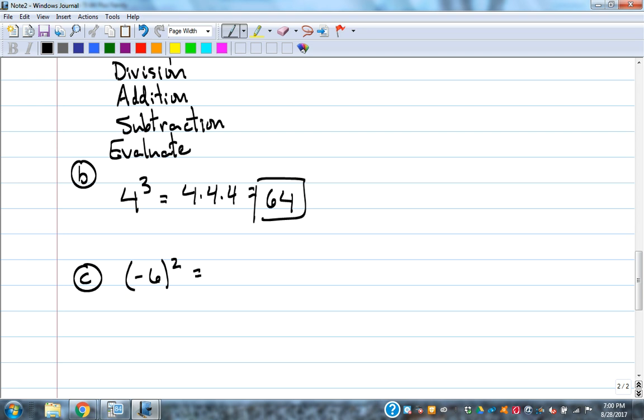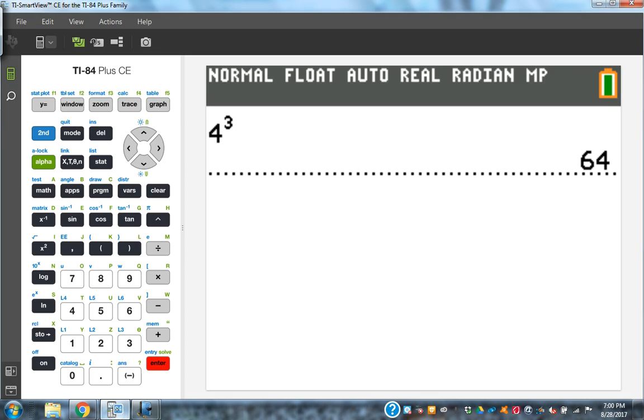All right, -6 squared. That negative on the inside is important because that means we're multiplying what times itself? -6 times another -6, which would be positive 36. In the graphing calculator, it is very important that those parentheses be there.